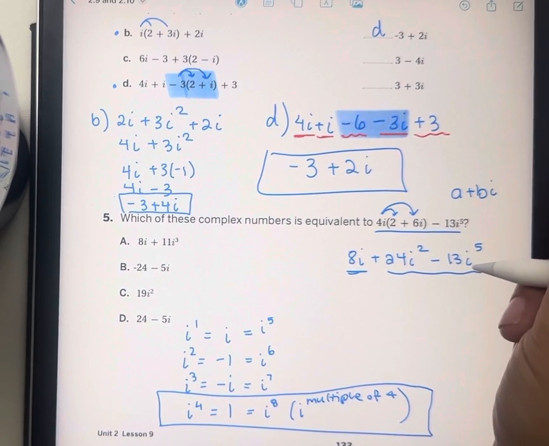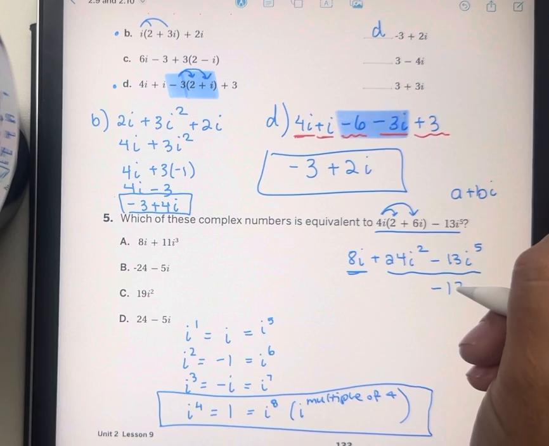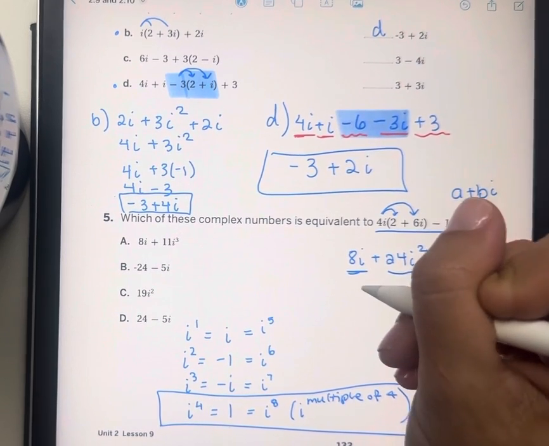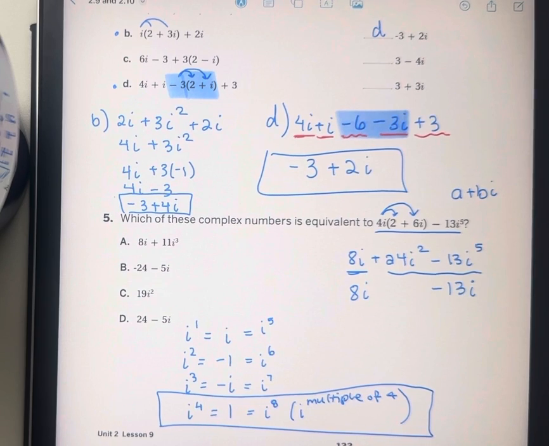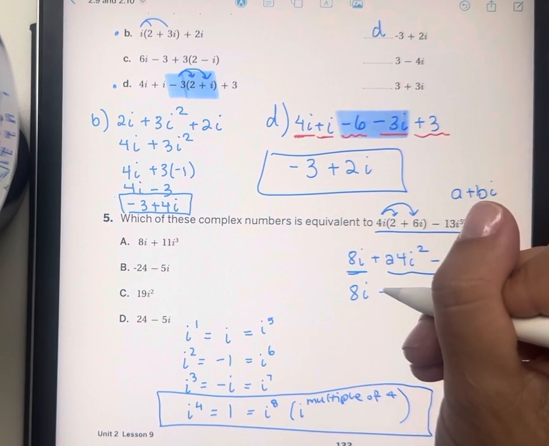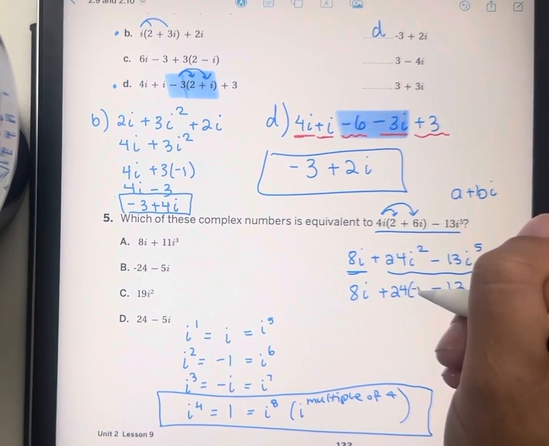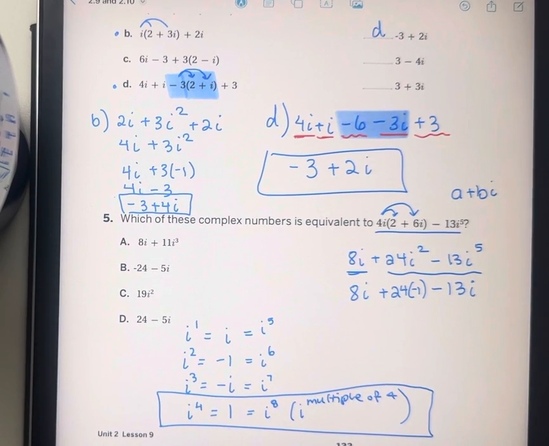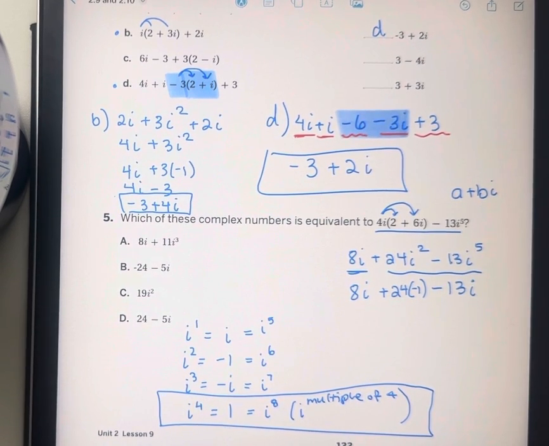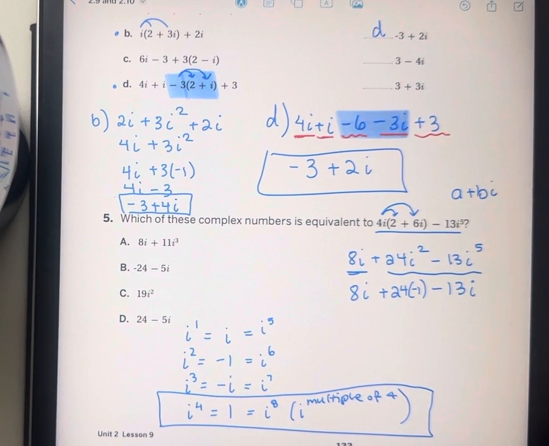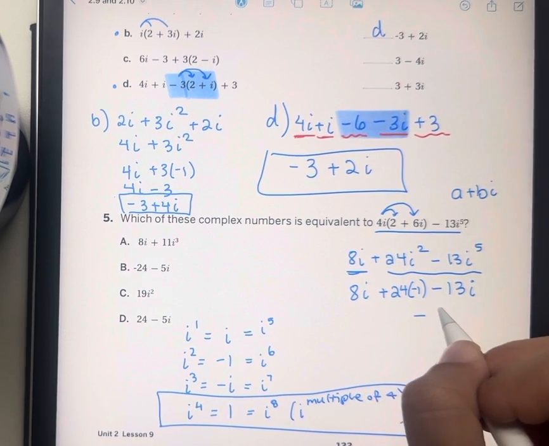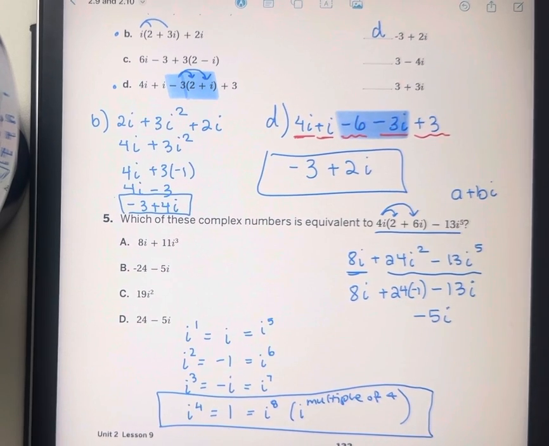So i to the 5th, that guy's just i. I'm going to rewrite this as negative 13i. And 8i is 8i. And then since i squared is negative 1, this is plus 24 times negative 1. So this is 8i minus 13i. That's negative 5i.